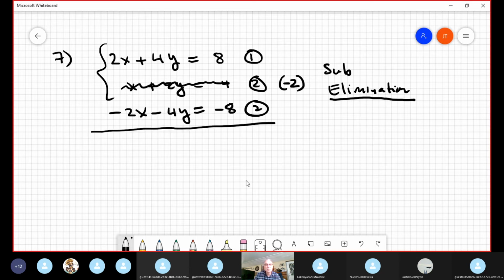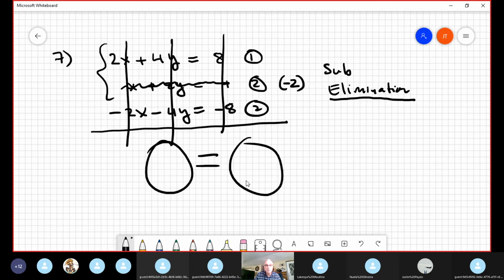When you add by column, look at what happened. Cancel. 0 equals 0. So you get 0 equals 0. What is the interpretation of that? Is this statement true or false? It's true, no?